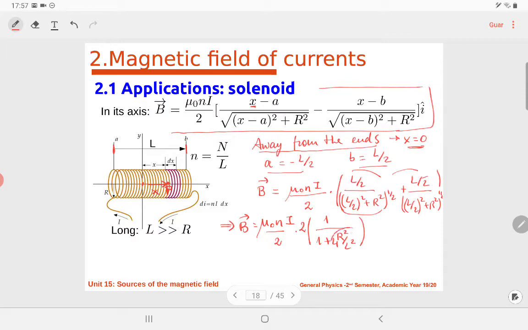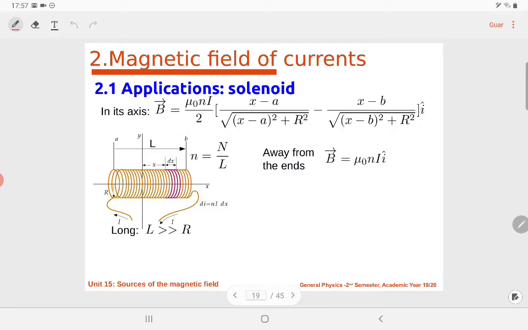So in this approximation of L much bigger than R, this term is approximately 0, so this is approximately 1, and you end up showing that the magnetic field away from the ends, in the middle, is going to be mu sub 0 times n times the current, in the x direction. And this is what you have in this part of the slide.